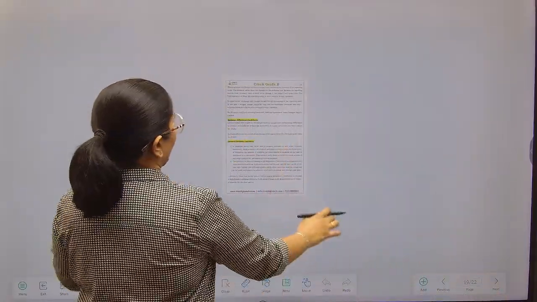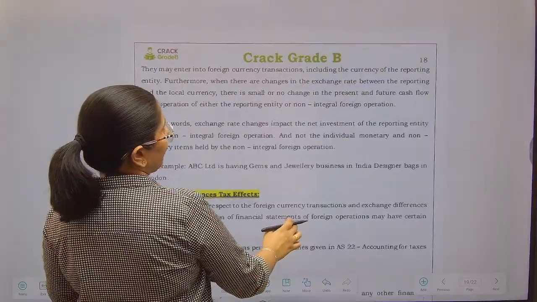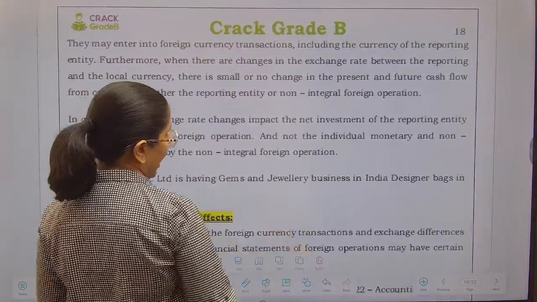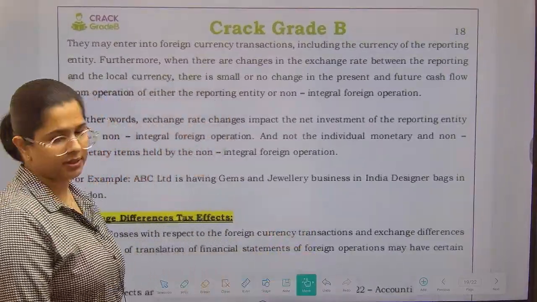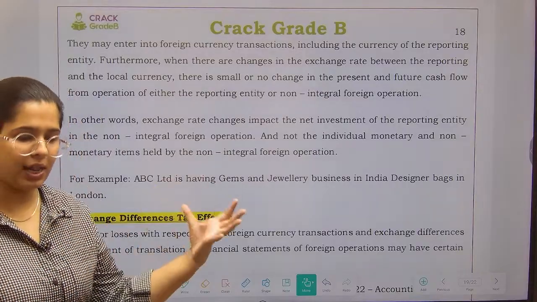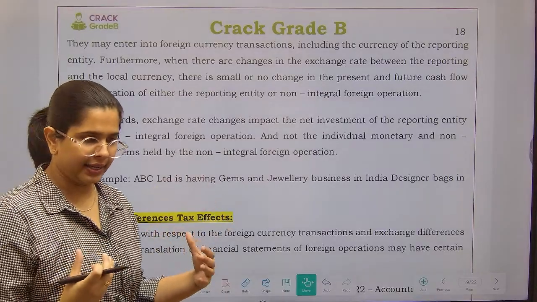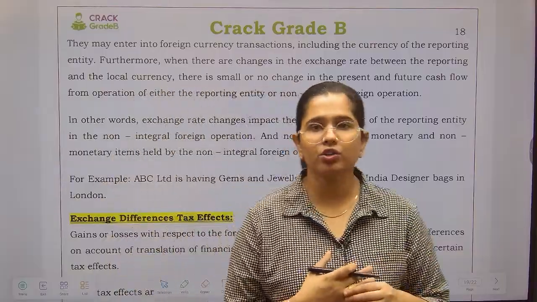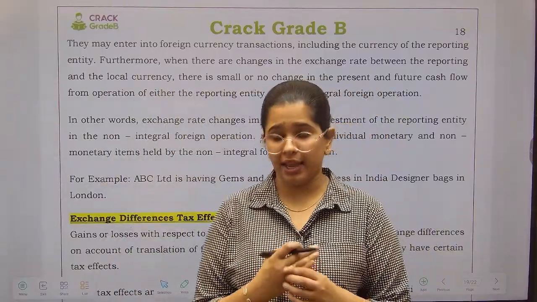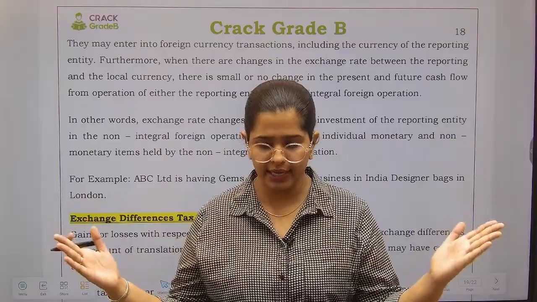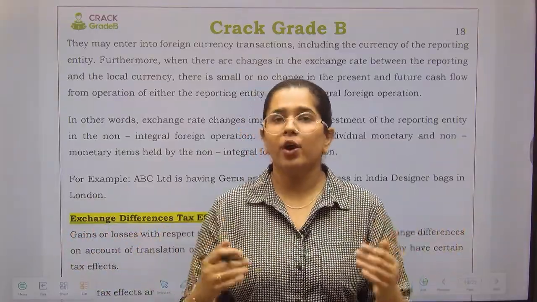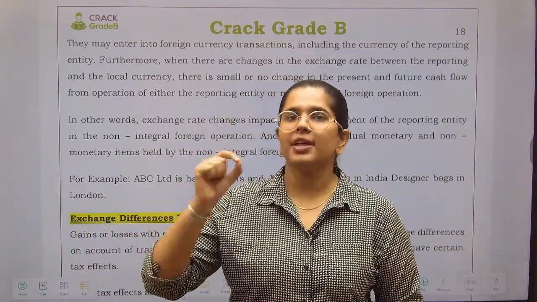जैसे कि इसका एक एग्जांपल ये है, ABC Limited is having gems and jewellery business in India and designer bags business in London, ठीक है. तो दोनों बिजनेस बिल्कुल अलग अलग हैं, है एक ही एंटिटी के. Both the businesses belong to the same entity but they are completely opposite in nature. So that is why you are not going to value each and every item.